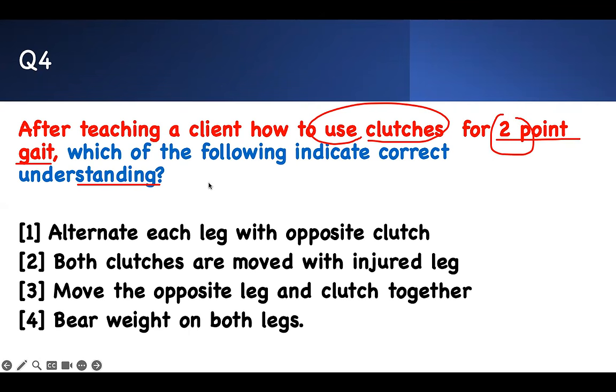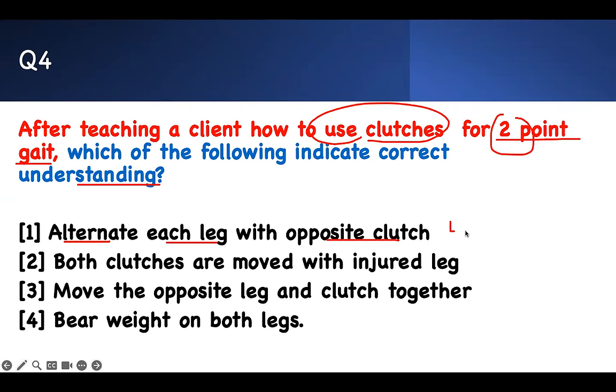The first option: alternate each leg with opposite crutches. What do you think? When you're alternating them back and forth, each leg with the opposite crutch, if you move one crutch and the left leg, then another crutch with the right leg, what are you doing?